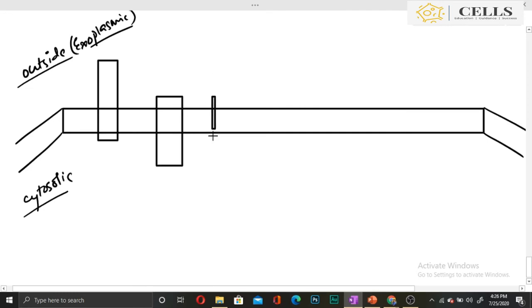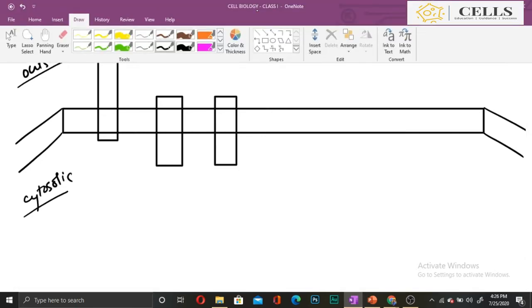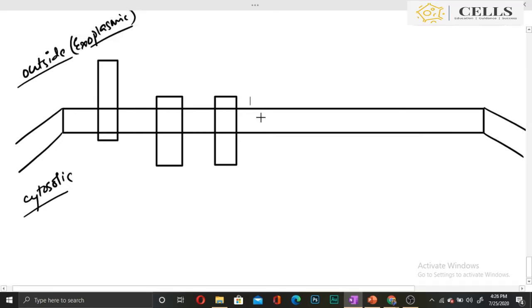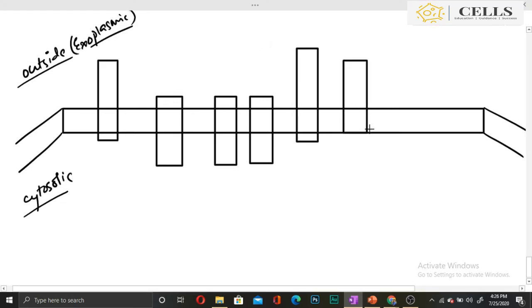See this very carefully, and draw it with me. Just write it down with me like this.